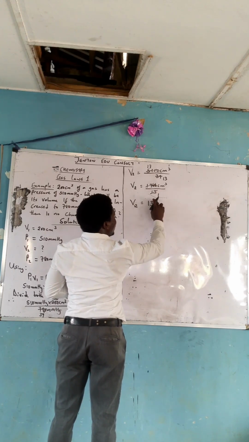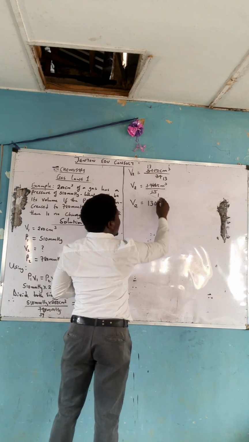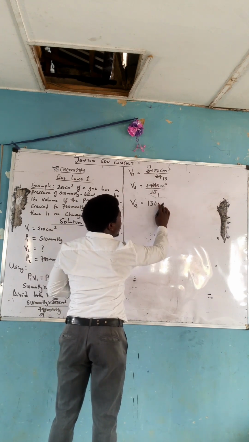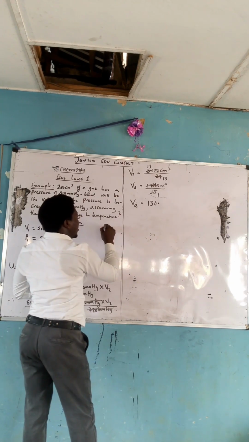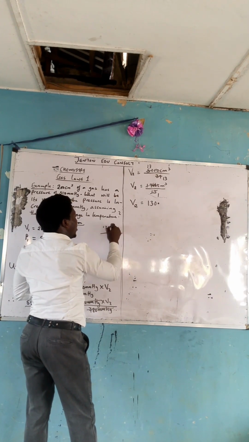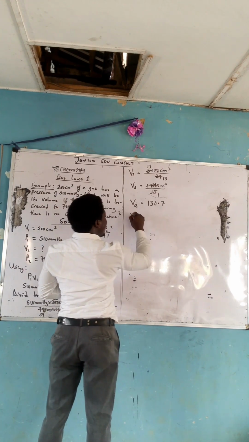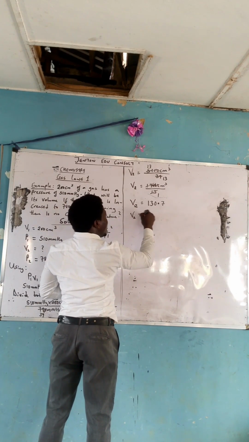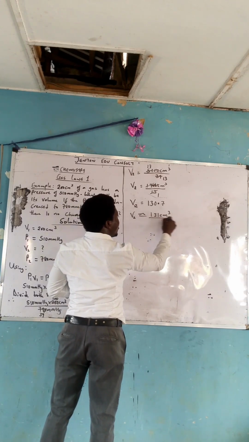Then in 100, it will go about 7 times. Let's check. 13 times 7, that's 91. Yes, 7 times. So V2 is approximately 131 centimeter cube.